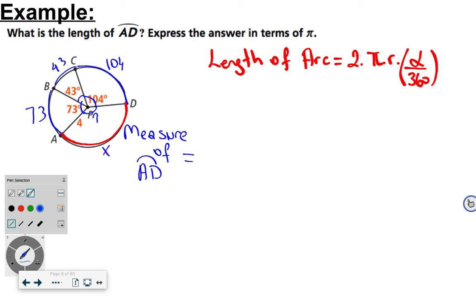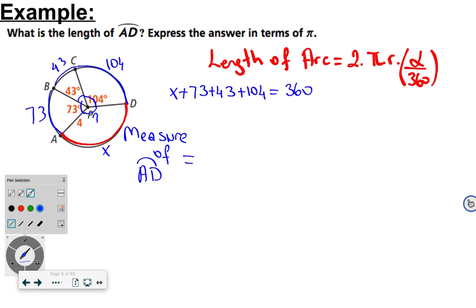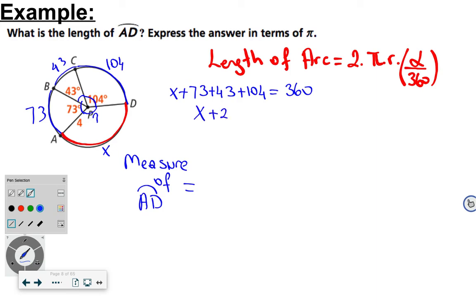Remember that the measure of the whole circle is 360. Let's add them up. x plus 73 plus 43 plus 104 must be equal to 360. If you calculate this, 73 plus 43 plus 104 is going to become 220.